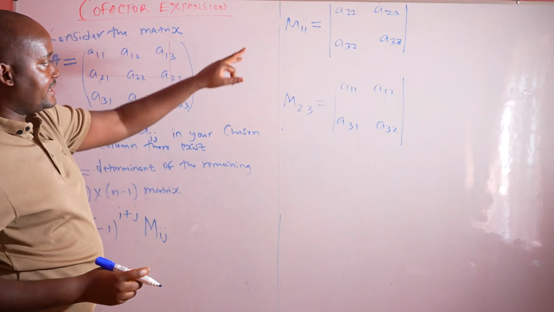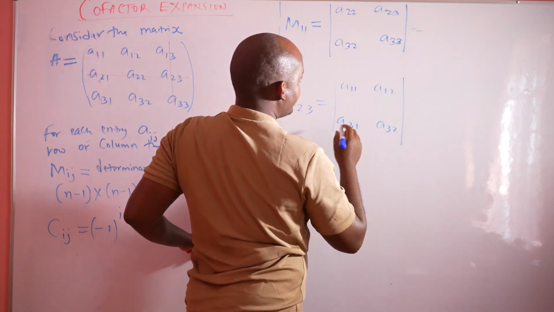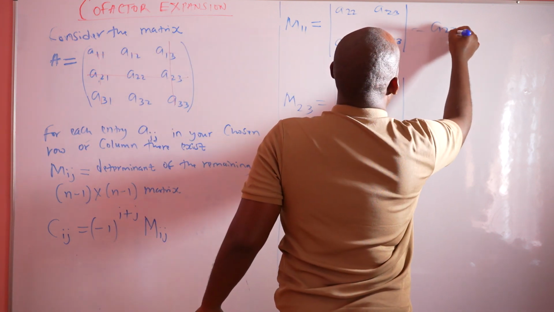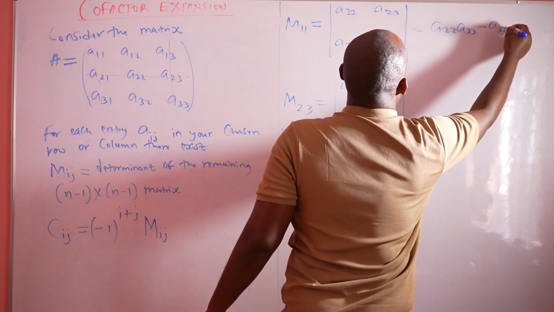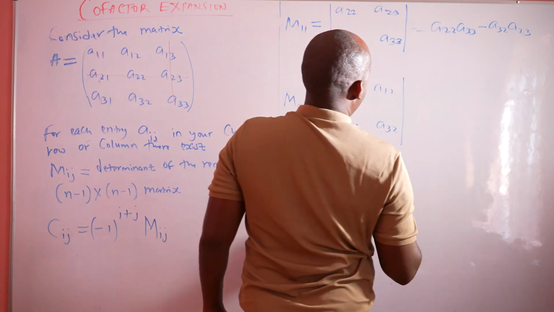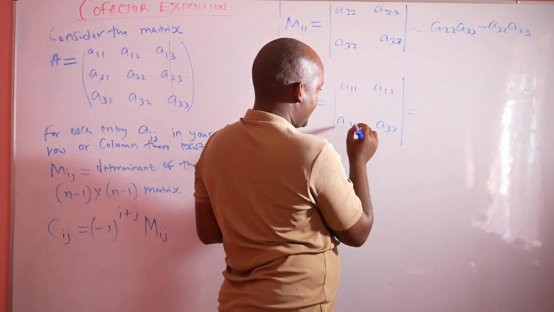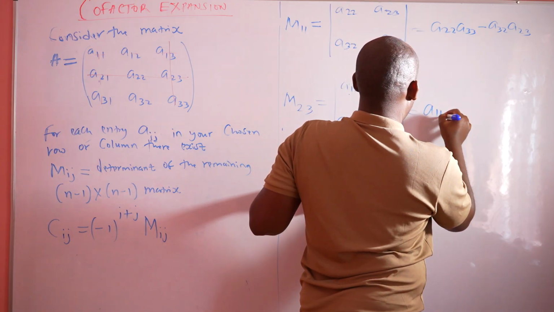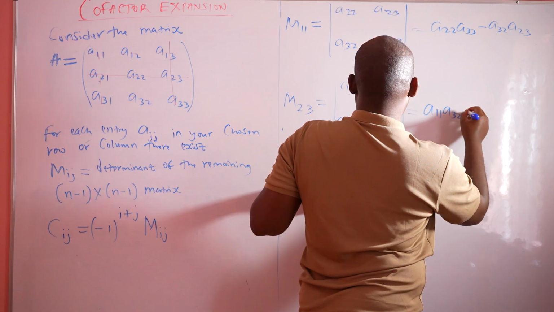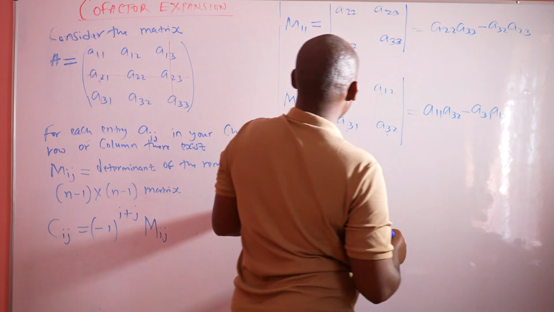So should you find this determinant and this determinant, already this is going to give us, A22 A33 minus A32 A23. For M23, these are 2 by 2, you multiply this times this minus this times this, it is going to give us A11 A32 minus A31 A12.